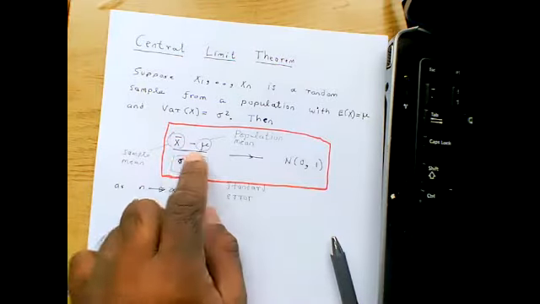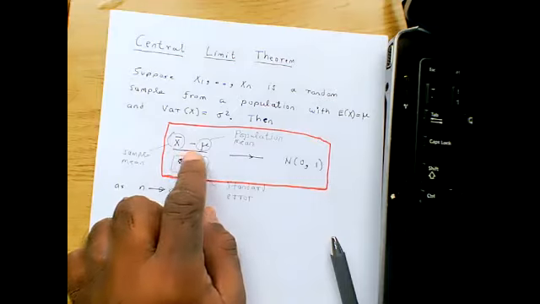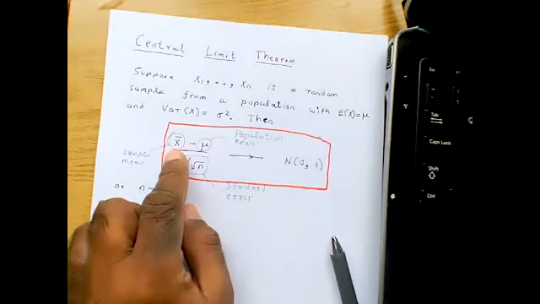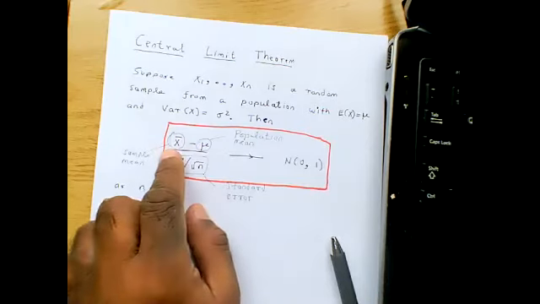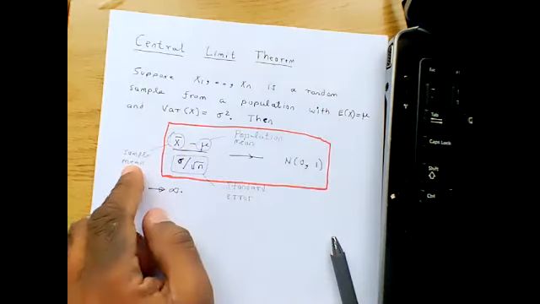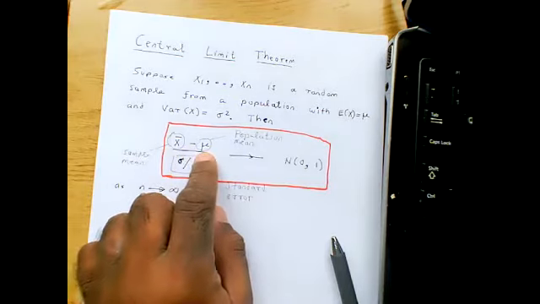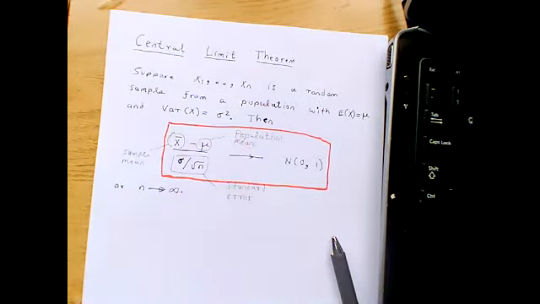Now, I think some of you are still confused about these two. This is the sample mean, and this is the population mean. They are 2 different things. The sample mean is associated with the sample, whereas the population mean is associated with the population. They're not the same thing, because usually the population is something that we cannot access. Like suppose you want to find the average age of all people in the UK.